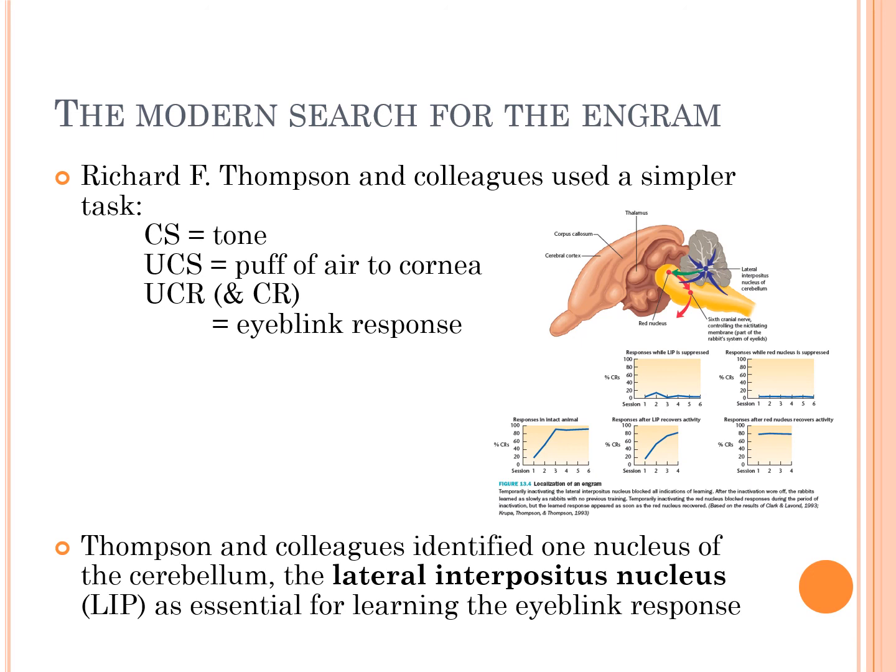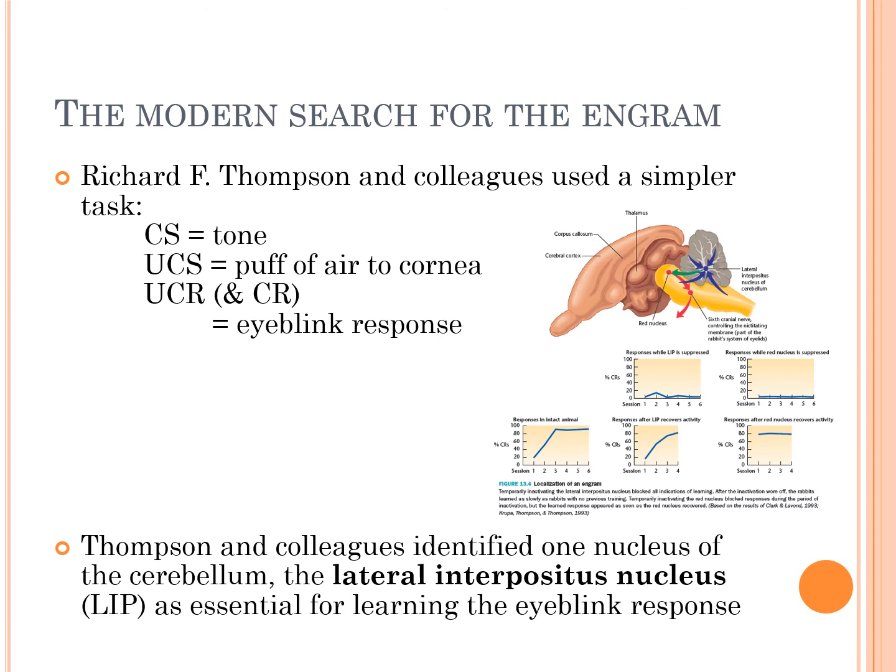And we start presenting the tone and the puff of air again. Okay, and now we see that the animals are up at plateau, right? Even though the red nucleus was being cooled and we had no response, once we brought the red nucleus back, it looks like they learned this association because there is no learning curve. I'm already at my maximum learning.